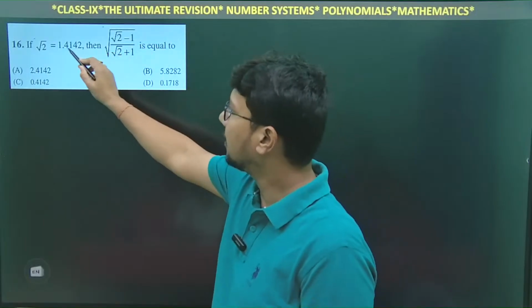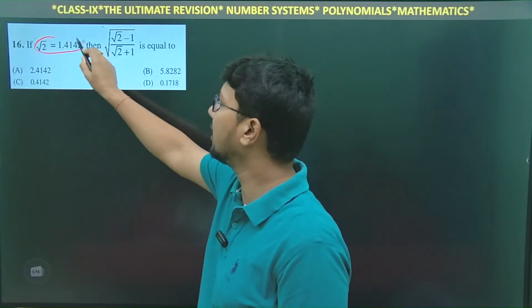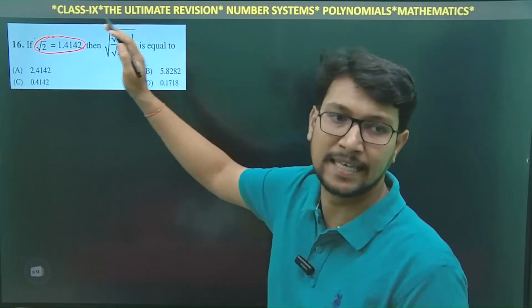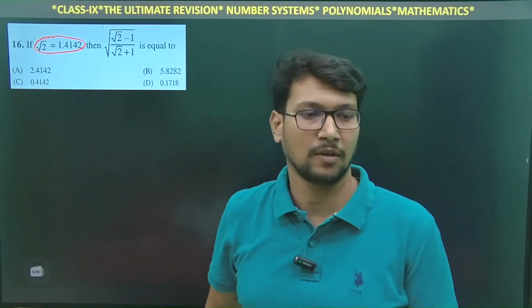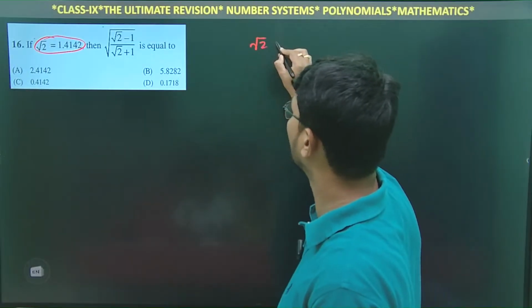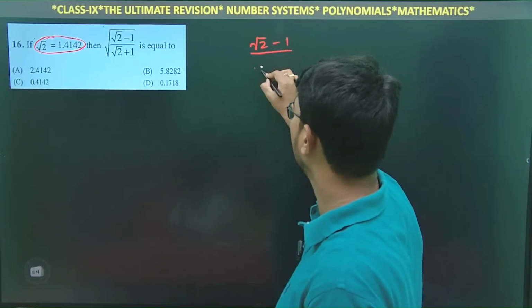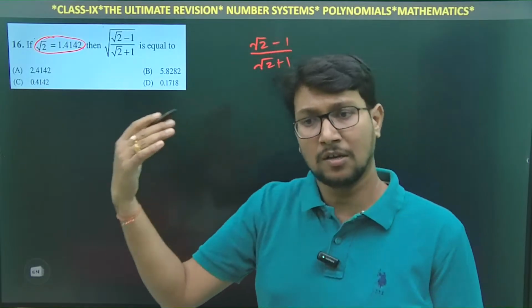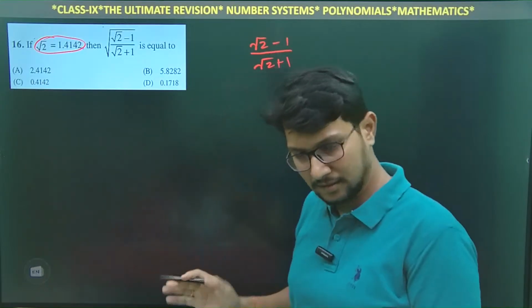Here, it is given root 2 value. Don't use first root 2 value. First, you rationalize, then after you use the root 2 value. Is that clear? So first we have to solve. Chalo solve karo. Root 2 minus 1 by root 2 plus 1. We will solve first right now this. Then after we'll find their square root. Got it? Chalo solve karo.